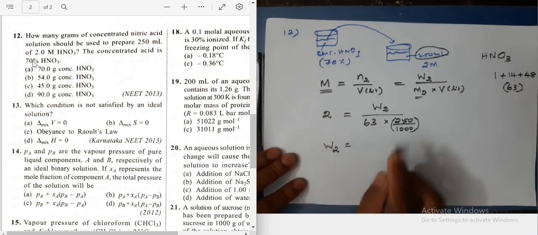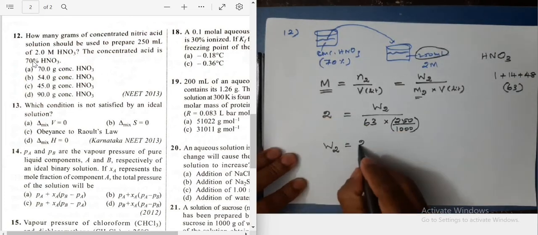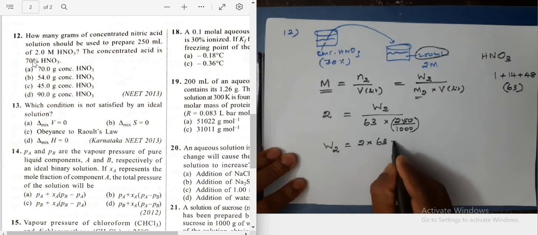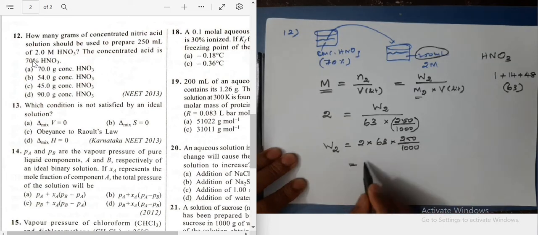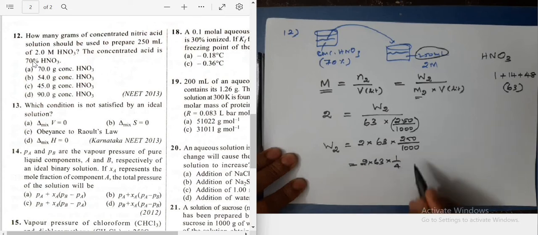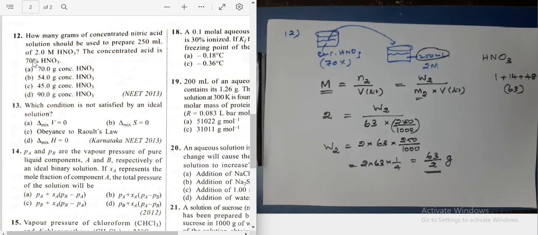W2 is equal to, I'll bring all this to the left hand side, 2 into 63 into 250 by 1000, which is nothing but 2 into 63 into 1 by 4, or 63 by 2. Let me keep it as such. So you require 63 by 2 grams of nitric acid.